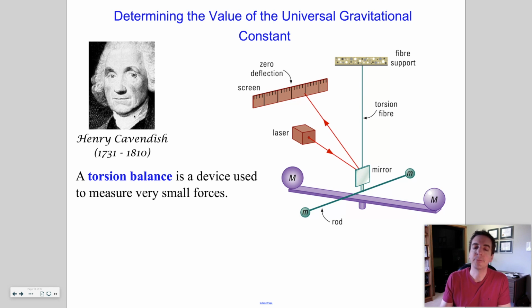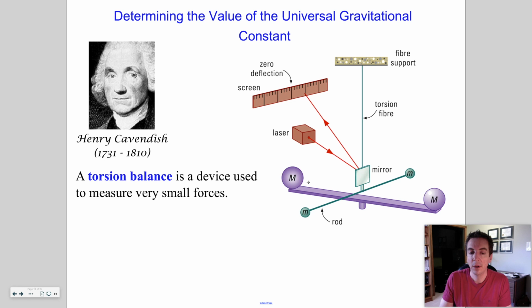But essentially, here's what we have. Henry Cavendish, a long, long time ago, used an apparatus very similar to this. Obviously, it was back in the 1700s, so he didn't have lasers and stuff like that. But he used a torsion balance. A torsion balance is a device used to measure very small forces.